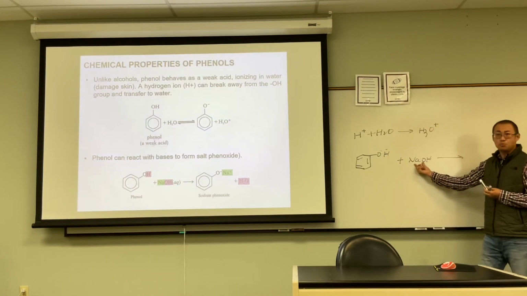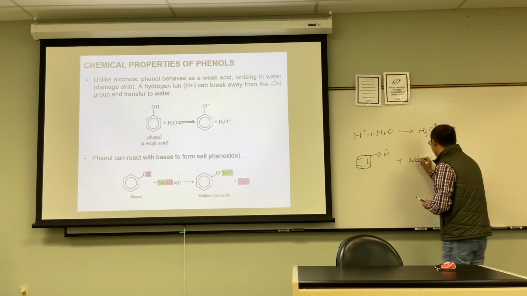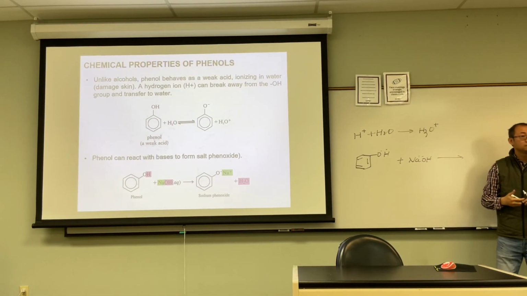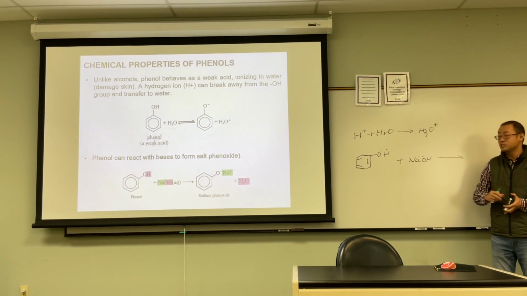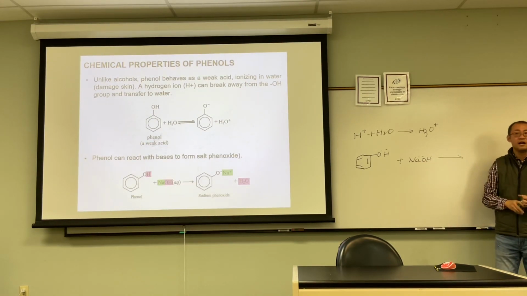Now in the base, what is sodium hydroxide? Sodium hydroxide is basically sodium plus and OH negative. Sodium hydroxide has a lot of sodium plus and OH negative. Sodium ion and hydroxide ion.